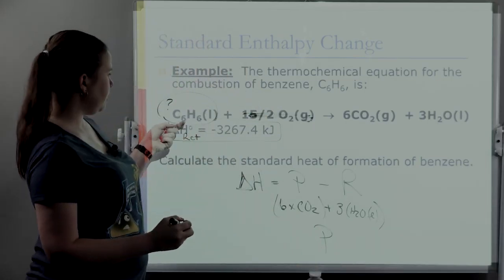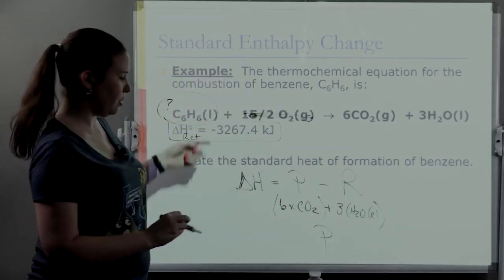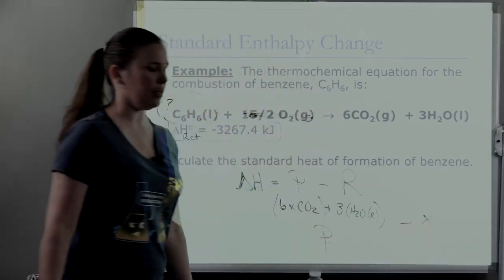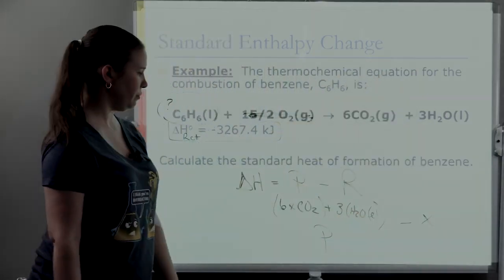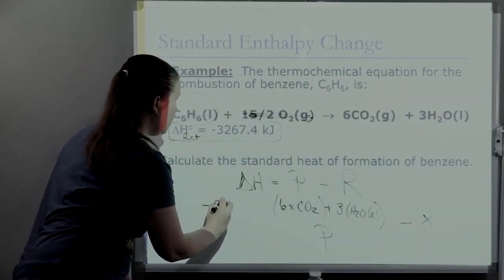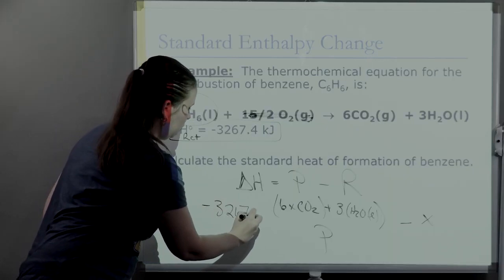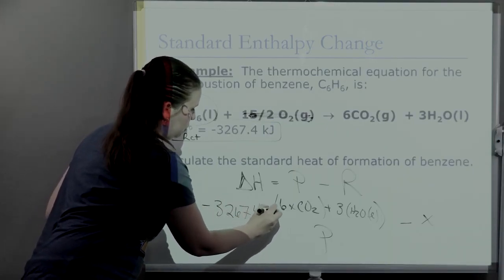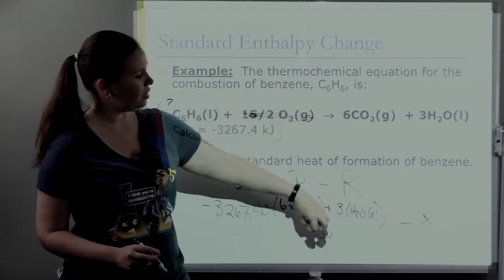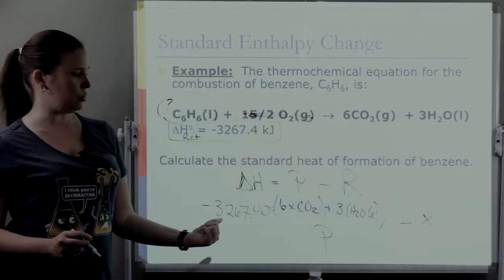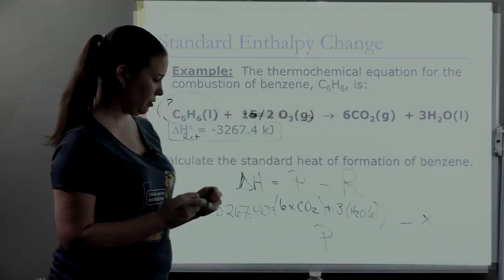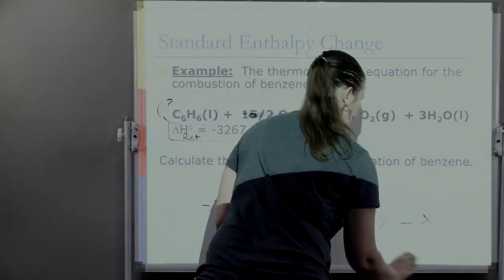The only reactant that I have is the C6H6, which I don't know. So I'm going to be basically treating that like X. What is my heat of formation? I do know, though, the total enthalpy is this negative 3,267.4 kilojoules. So if we can find the total amount of products, it's basically that number minus X is equal to the given negative 3,267.4. So then we just got to solve for X. So let's see what that looks like.